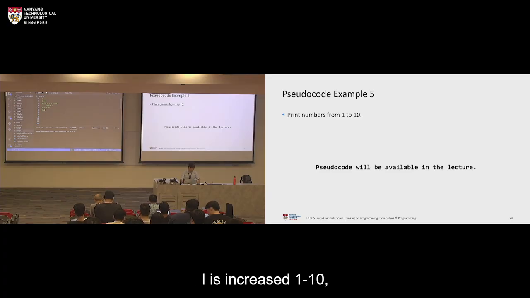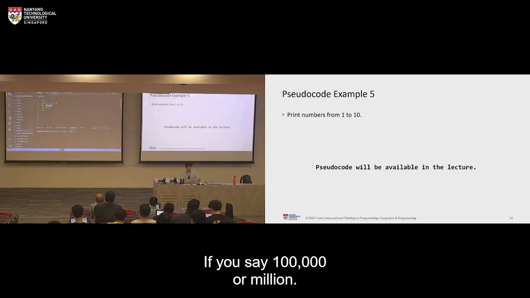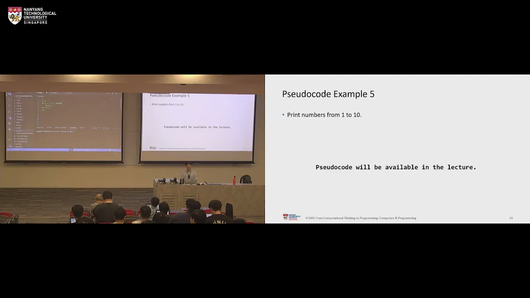So, what is the meaning of it? I is increased from 1 to 10, and during this period, display the value of I. So if you say hundred thousand or million, then this pseudocode will display numbers from 1 to a million in this short algorithm, right?